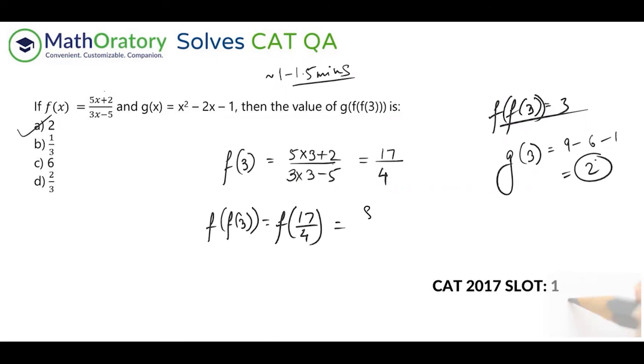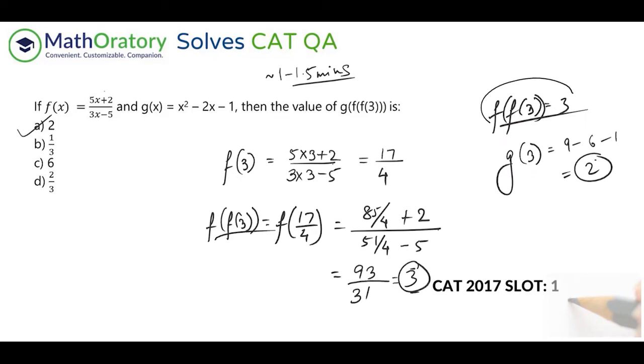So that is 85 by 4 plus 2, divided by 17 by 4 into 3, which is 51 by 4, minus 5. Just multiply 4 in the numerator and denominator, and you get 85 plus 8 up top, so that is 93, and 51 minus 20 below, so that is 31. So this comes out to be 3. So f of 3 comes out to be 3.